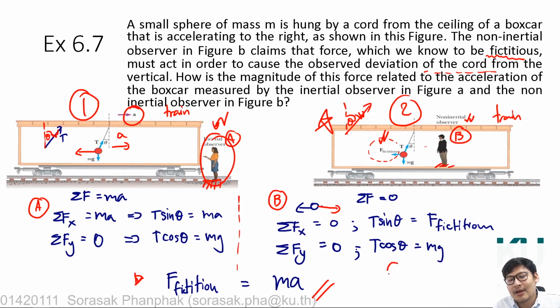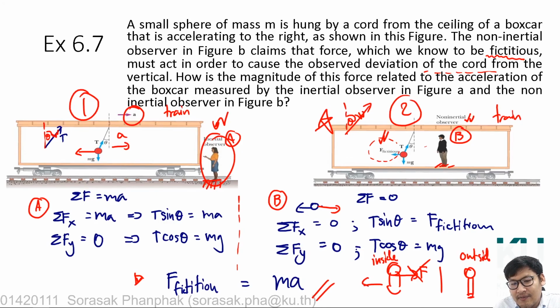An example is when you sit in a car, you feel the fictitious force, but the person who sits outside the car sees nothing of this fictitious force. This is outside, this is inside. In a turning car, you have the acceleration equal to v squared over r when it turns a corner. This is what happens in the fictitious field of view.